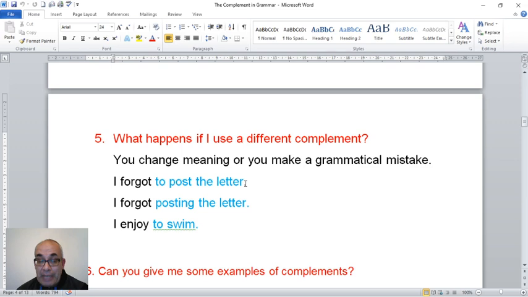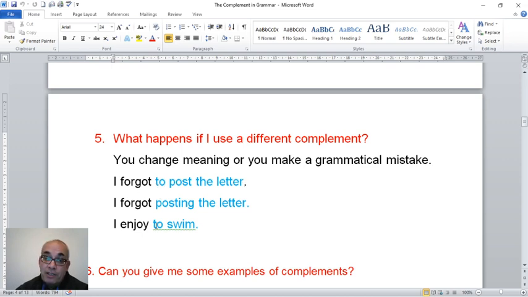This sentence means I did not go to the post office and post the letter. But if I say I forgot posting the letter, this means I posted the letter and then later on I forgot about what I did. So the meaning is different.